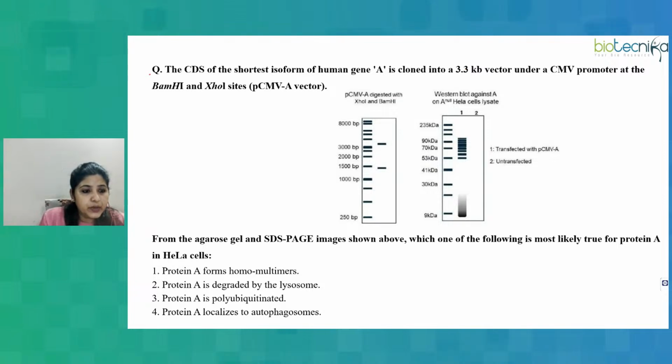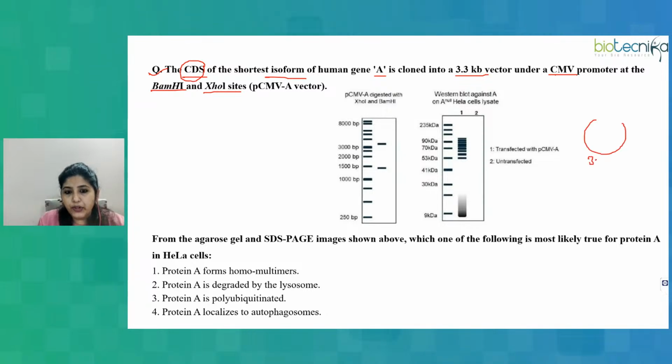So coming to another question: the CDS of the shortest isoform of human gene A is cloned into a 3.3 kb vector under a CMV promoter at the BamHI and XhoI sites. CDS is the coding sequence of gene A. It is cloned into a vector, which is mentioned as 3.3 kb, and you are introducing a gene.